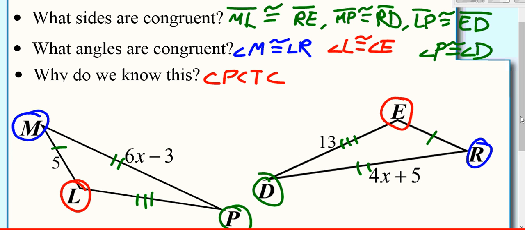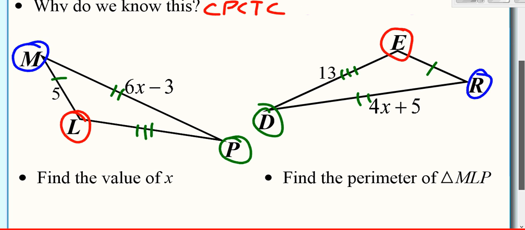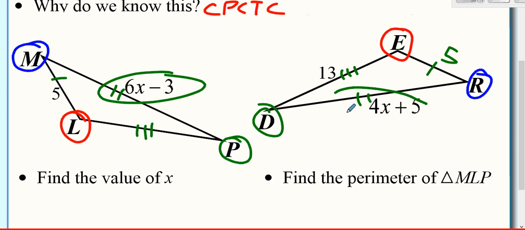And then we can use all that information to solve some equations. Find the value of X. So we've got to find some sides that match up. We've got 1 tick mark and 1 tick mark. So what that tells us is that this side is also 5. We've got 2 tick marks and 2 tick marks. Those sides are equal.